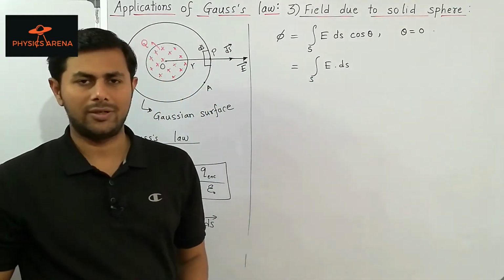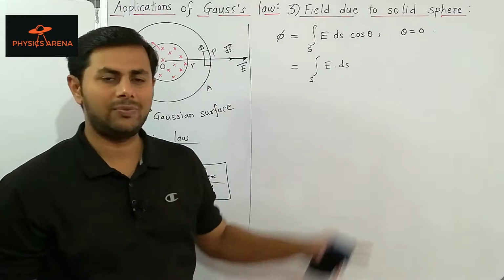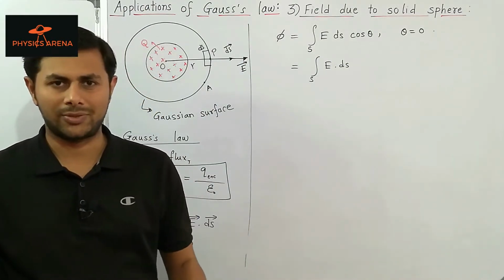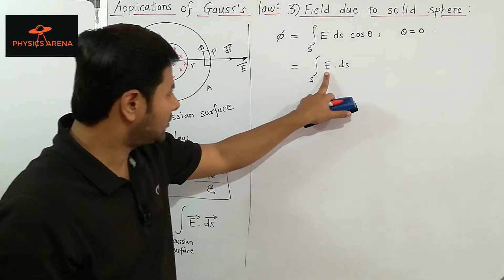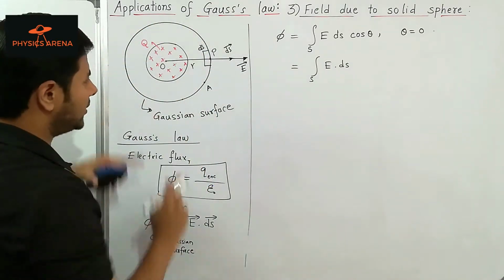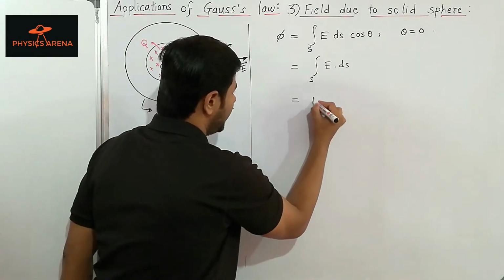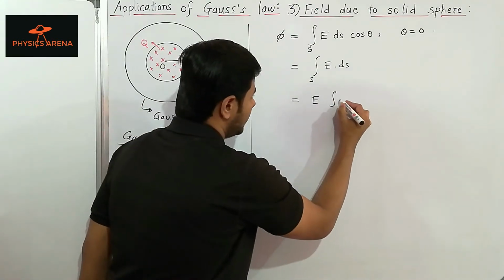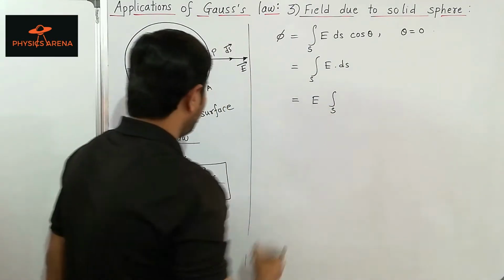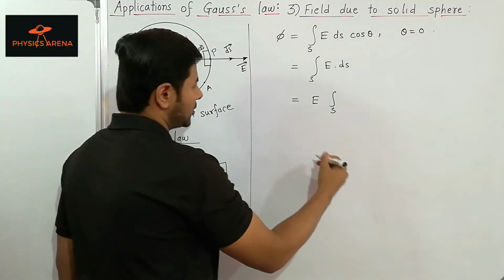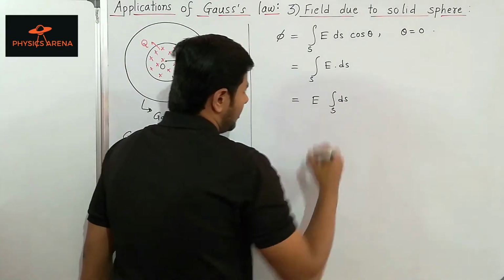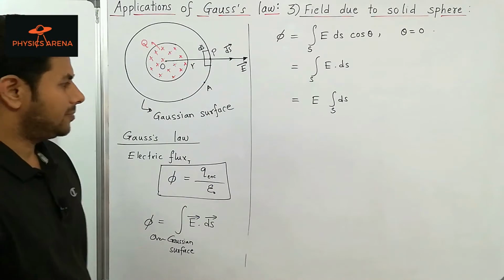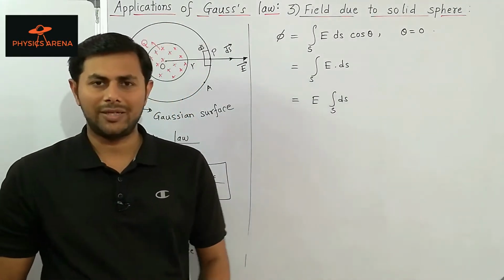And we just argued that the electric field will have same magnitude also. So E is constant over this entire Gaussian surface. So I can take E outside of the integral. So we have integral over S, S is the Gaussian surface, of ds only. And what would be that integral?